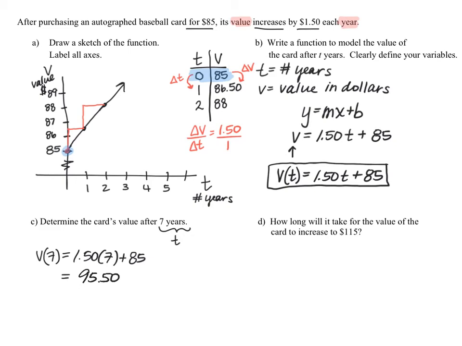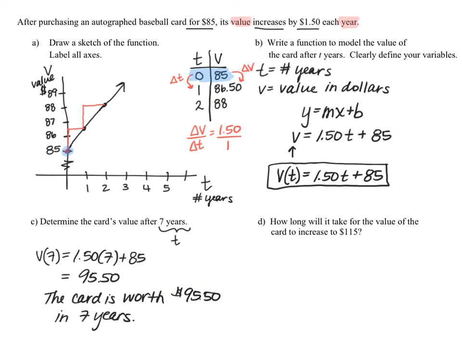So I'd like you to write a sentence summarizing what you've just found. And so we basically are finding that the card is worth $95.50 in 7 years. Or you could say in 7 years, the card will be worth $95.50.